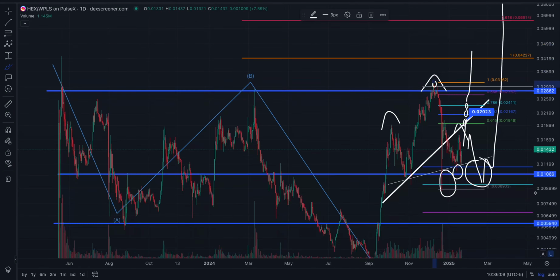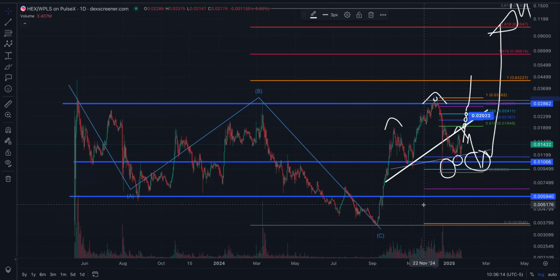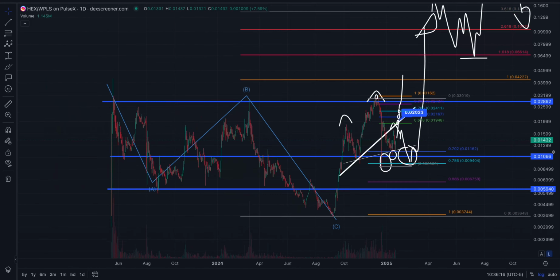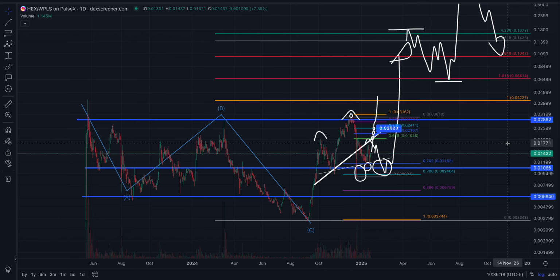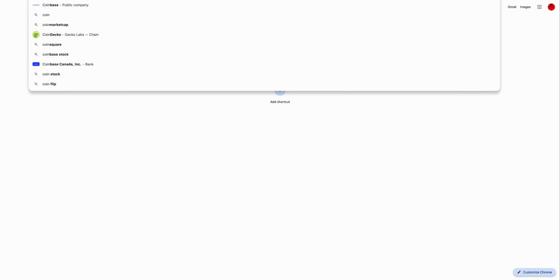So these are the fibs. Everything is looking healthy with the structure. Like I said, this was just a pure manipulative shakeout in order for the CO to accumulate more. Let's go ahead and take a look at HEX.